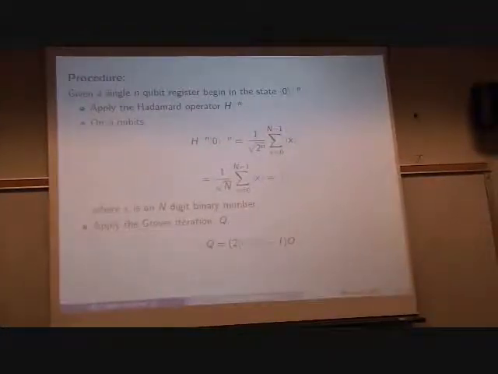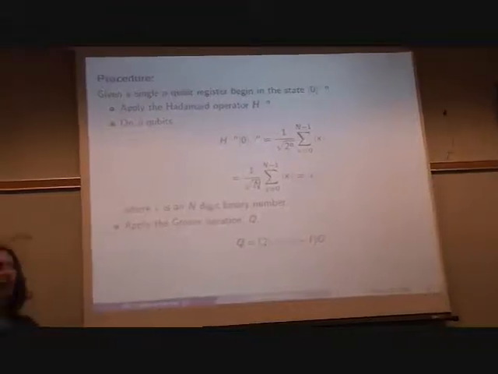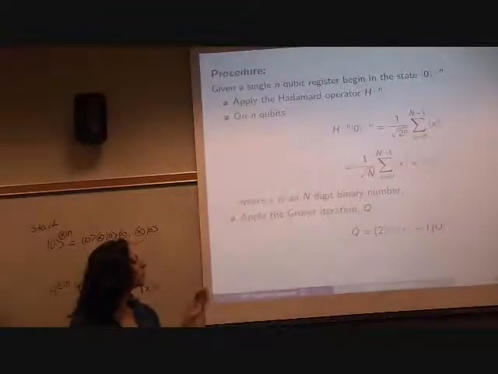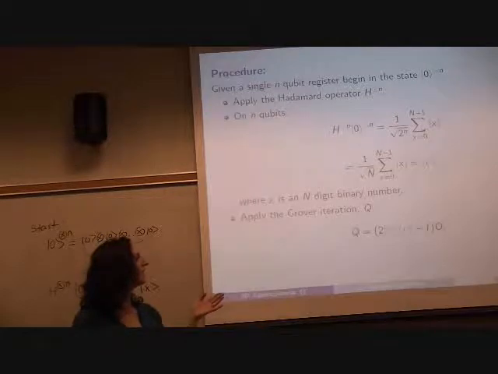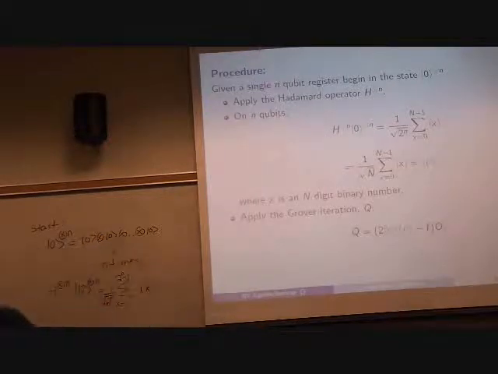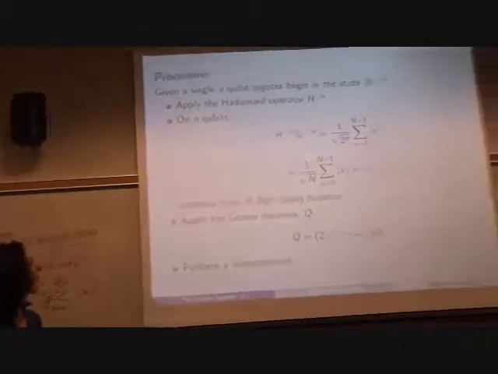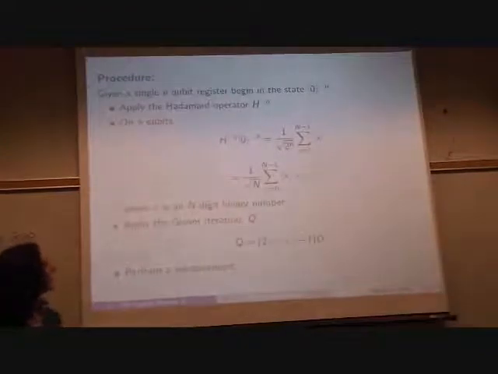This Grover operator is going to be applied finitely many times, and notice I'm not telling you exactly how many. We'll talk about that in a moment. At the very end, we perform a measurement, and we have our solution.